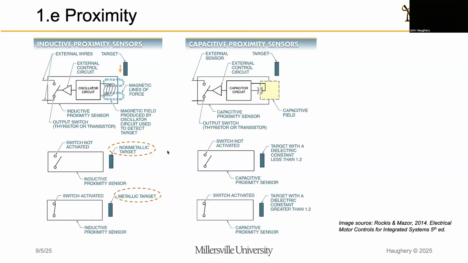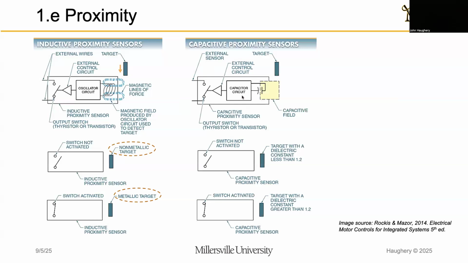There are capacitive proximity sensors that work similarly, but use the capacitive effect. And so whenever we put two conductors next to each other, the closer they get, the more conductance they produce. The further apart they are, the less conductance they produce.